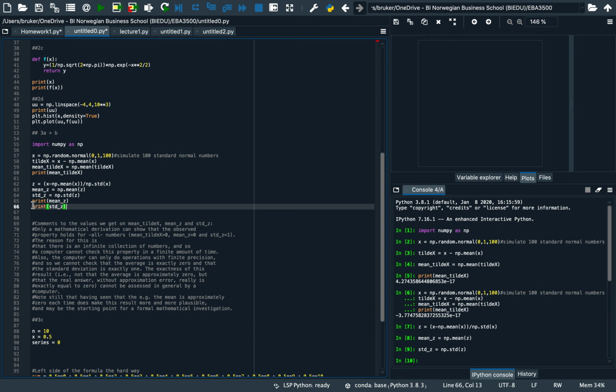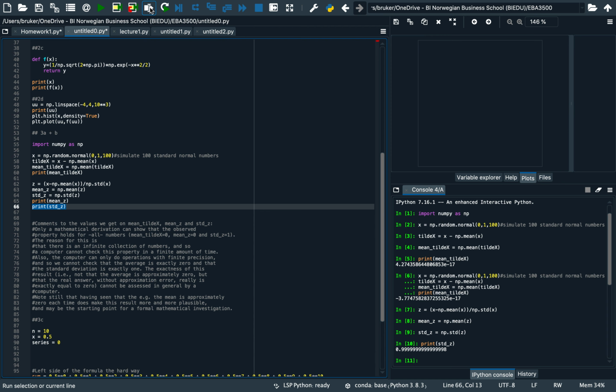So therefore, when I print the standard deviation of these standardized variables, we should have 1. But again, we don't get it exactly because of numerical precision in the computer.